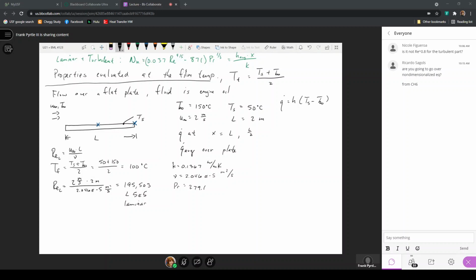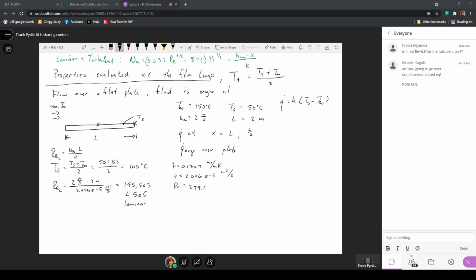So with that being the case, the expressions that we'll reference are all just going to be laminar flow expressions, so that when we calculate the heat flux at L/2 and at L, we just need the local values of the heat transfer coefficients in the laminar region for both of those positions, which allows us to then find the heat flux at those two positions.